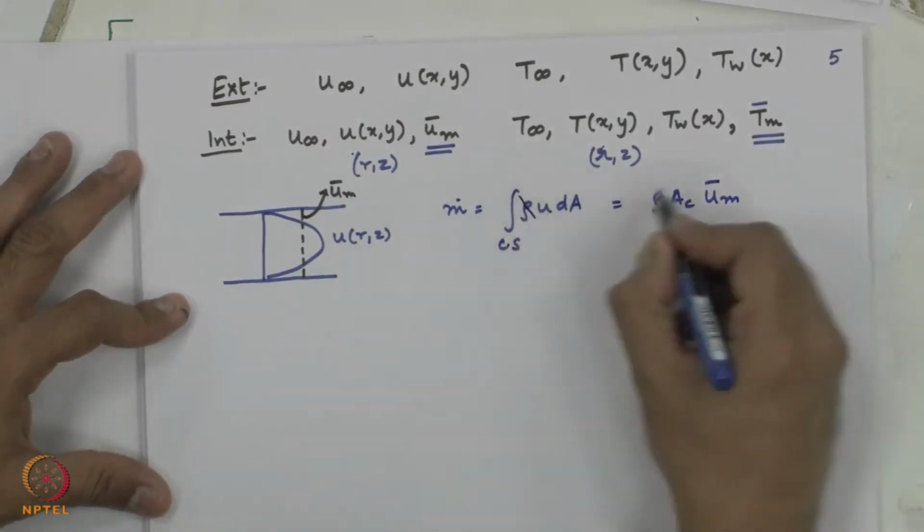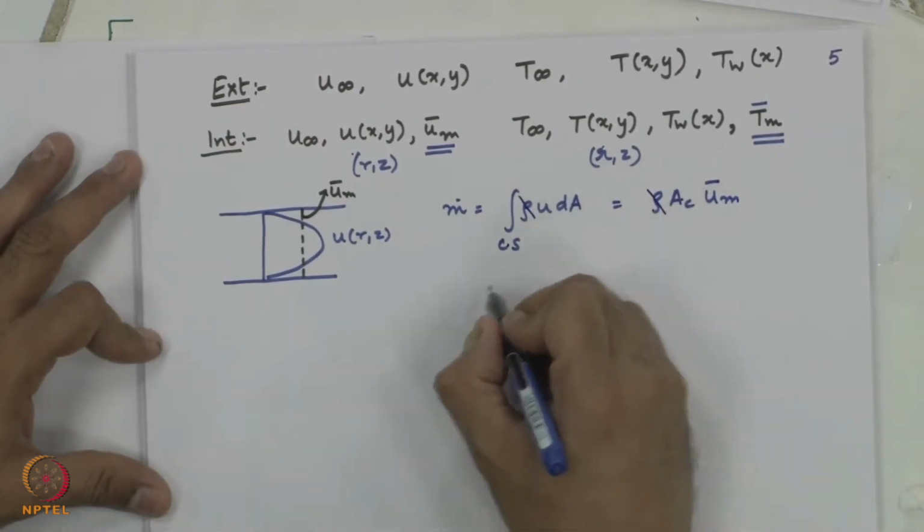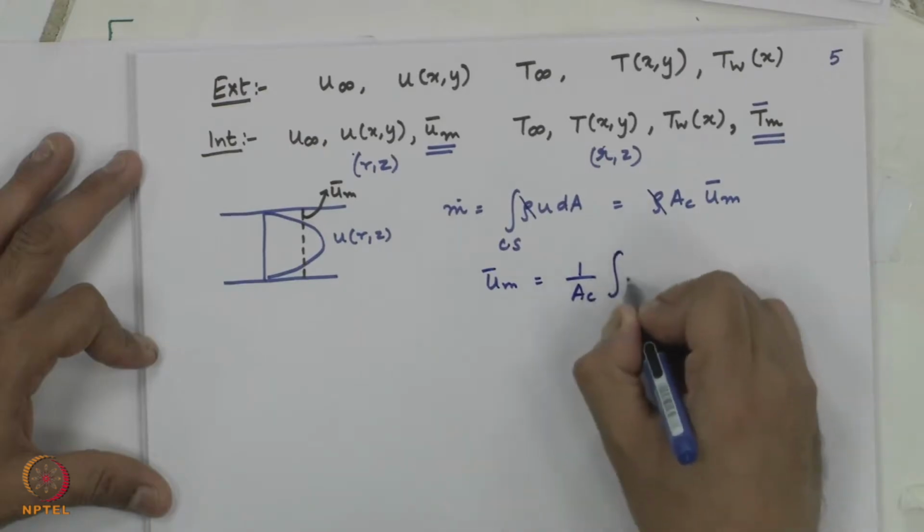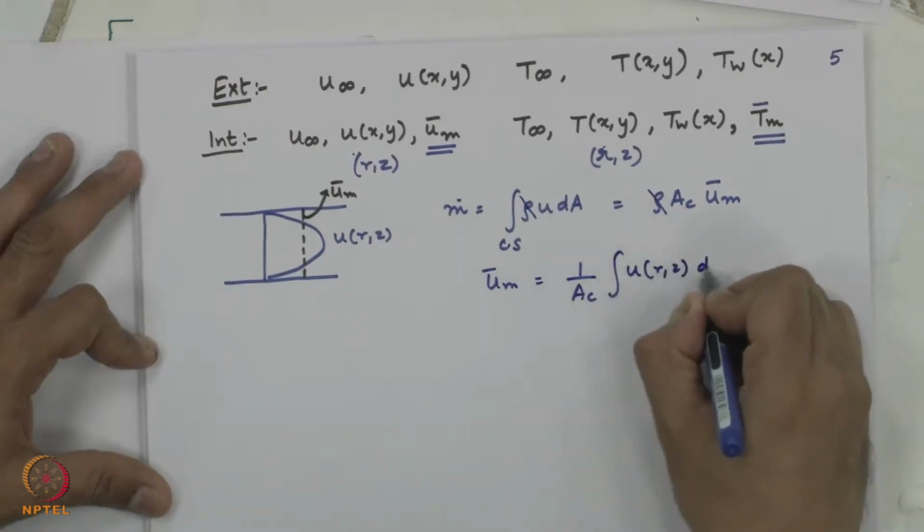For an incompressible flow, rho will cancel off and you have u m is 1 over A_C integral u of r comma z dA.